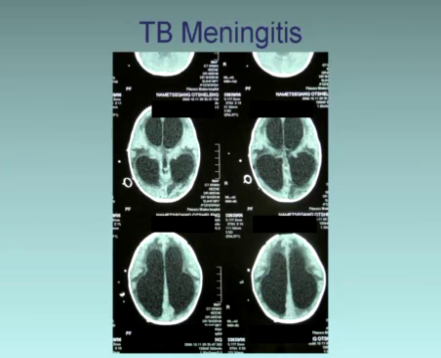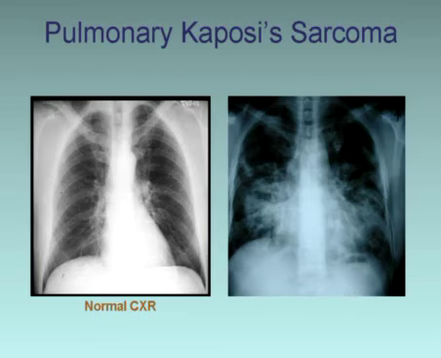TB, you remember, can cause meningitis, which can cause severe brain infections. And pulmonary capillary sarcoma, which in this case looks very, very similar to severe TB. And if you just showed me the X-ray, I wouldn't be able to tell you this was pulmonary capillary sarcoma versus TB versus PCP. They look very, very similar.